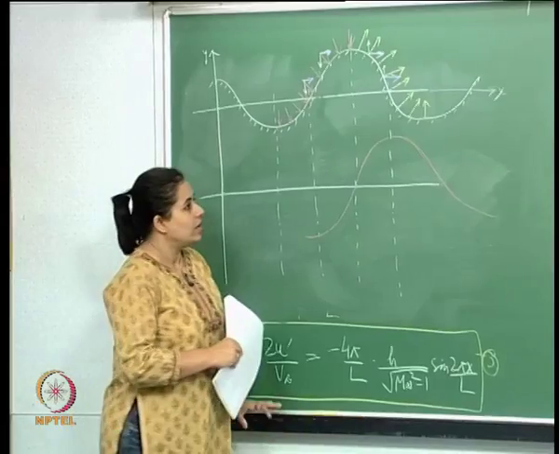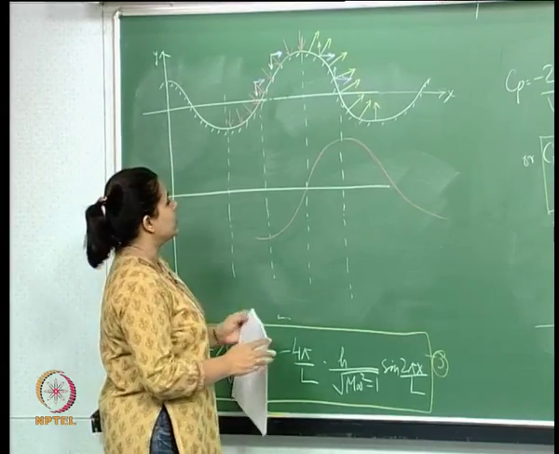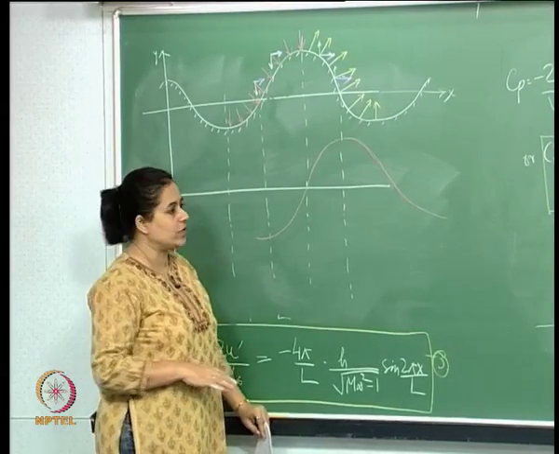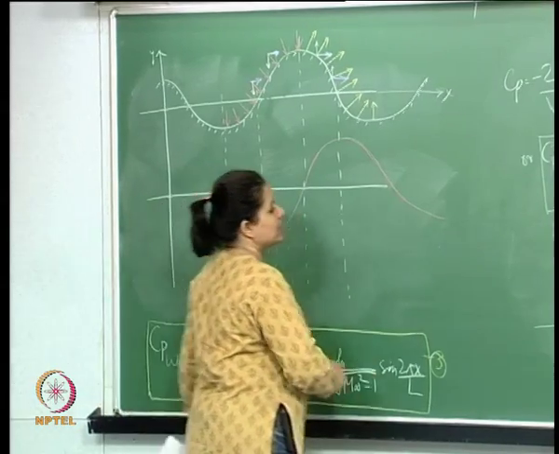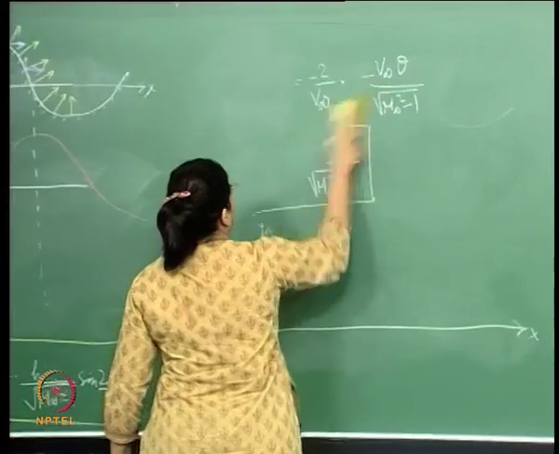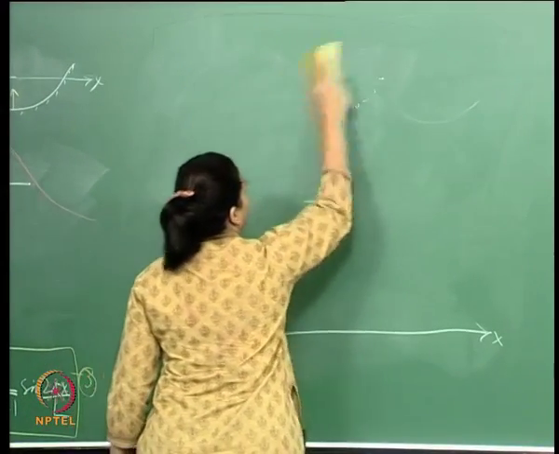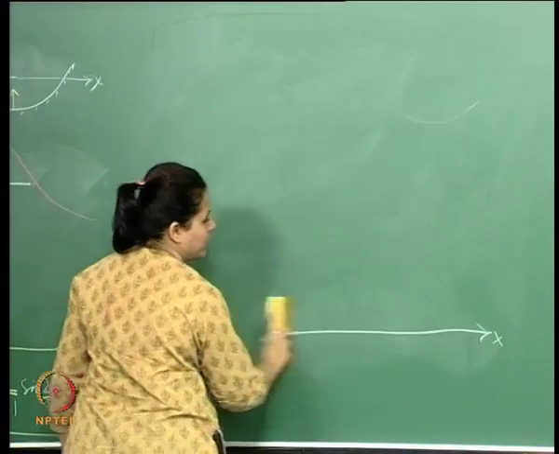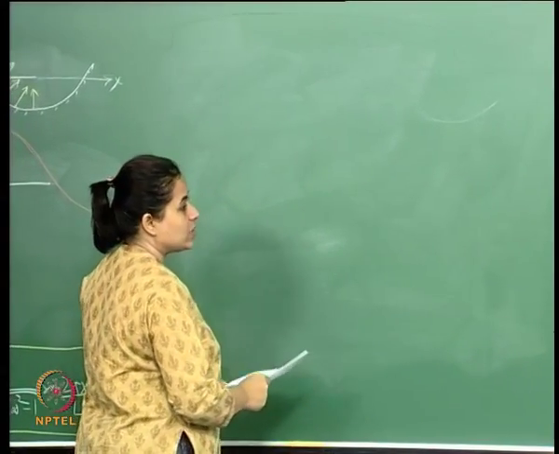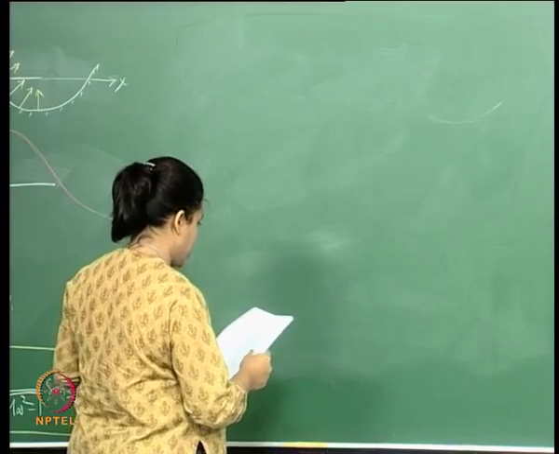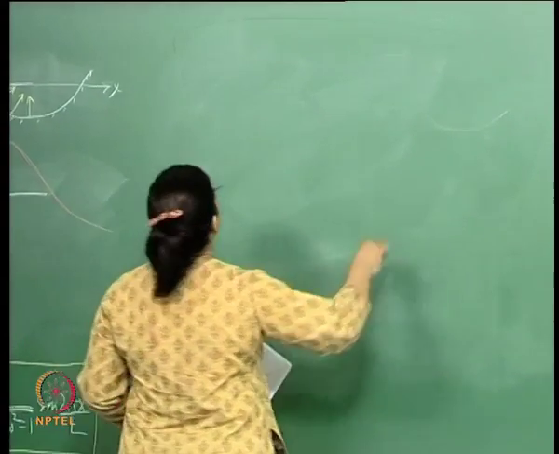So what we'll do now is take a minute and summarize the whole thing. Before we do that, where was our phi p? We got an expression for phi p, so let us look at that.